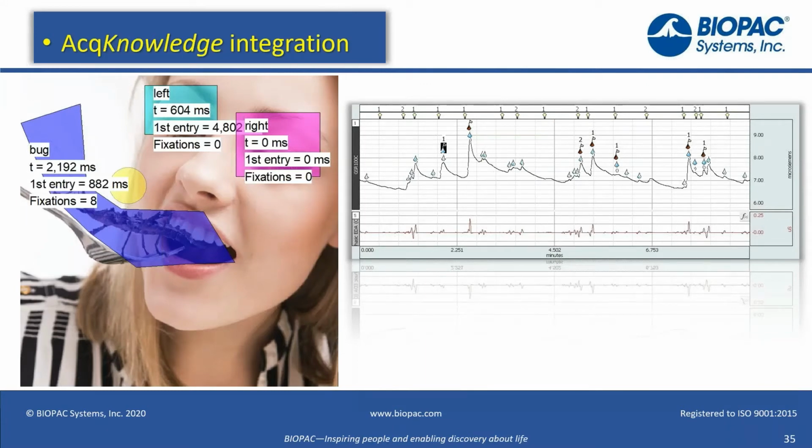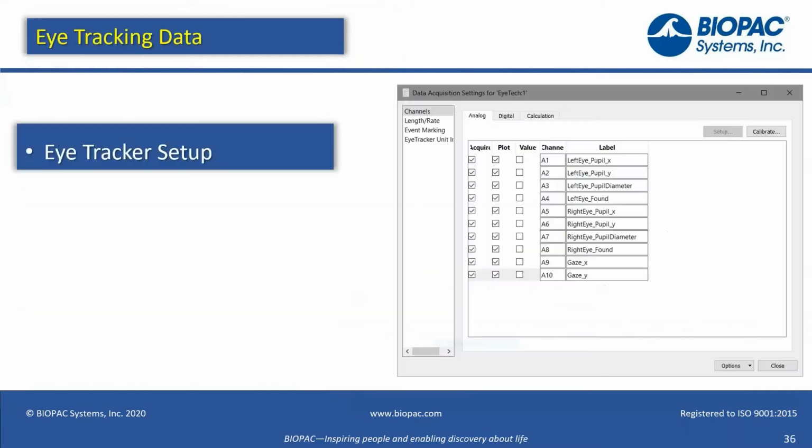So on the left-hand side, you get the view of the eye tracking information with any metrics that are coming off, and then on the right side, on this image, you see the physiological data. For those of you that are familiar with our software, it's easy to set up.